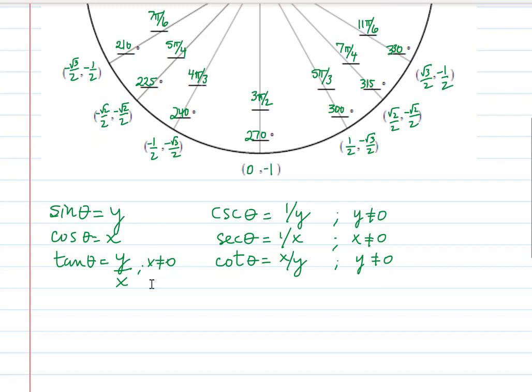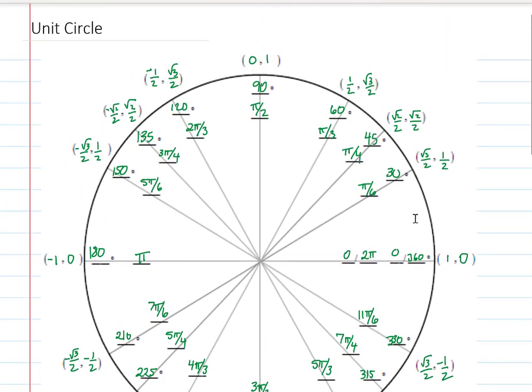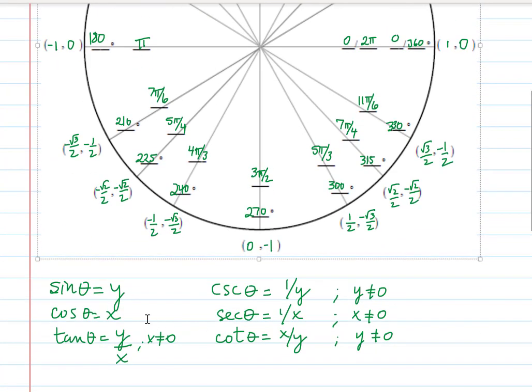Also make sure that these denominators here are not 0, otherwise the trig function will be undefined. But especially for sine and cosine, you're able to find quickly what the trig functions are without doing any calculation if you're asked to find one of these angles here.